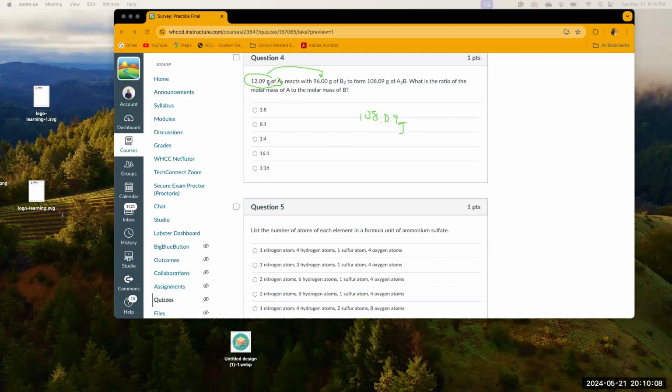So the first thing we're probably going to do is look at the A to B ratio, right? So we have 12.09 over 96.